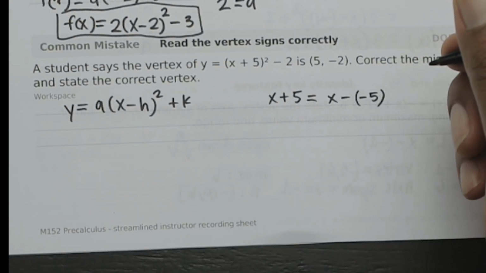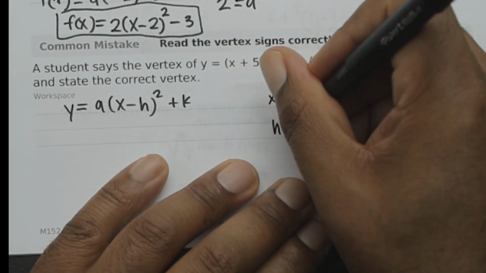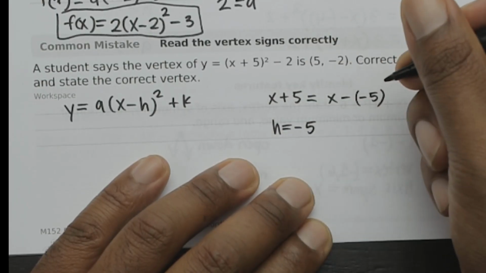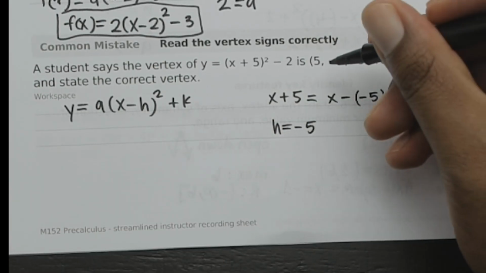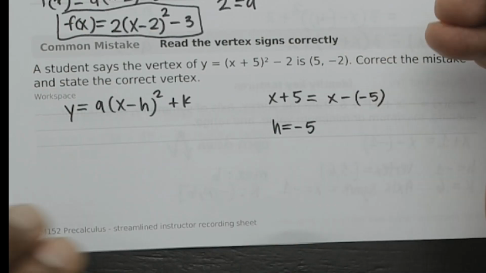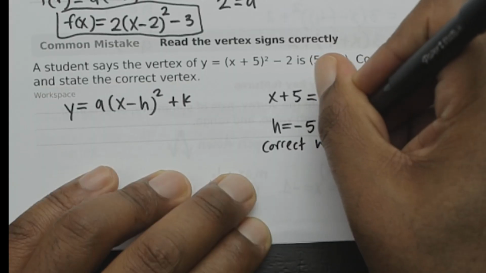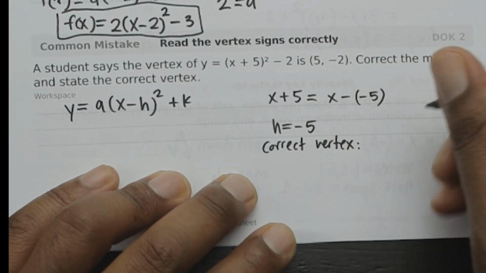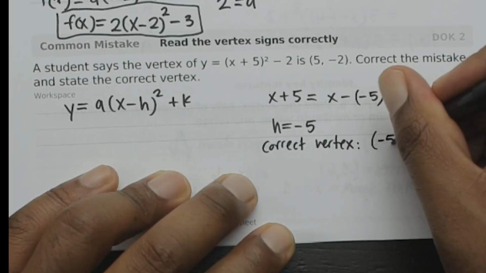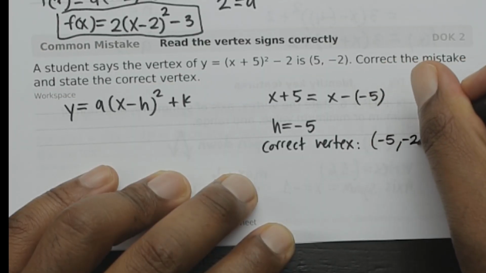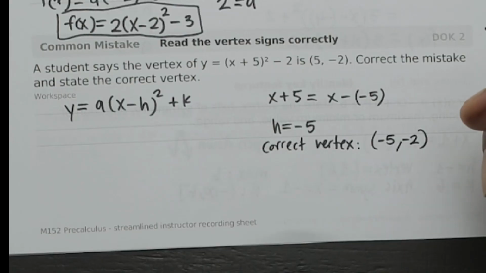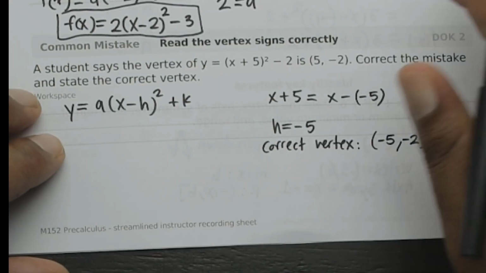Okay. So h is actually -5, not +5. So this is incorrect. So the correct vertex is actually -5, -2. Okay.